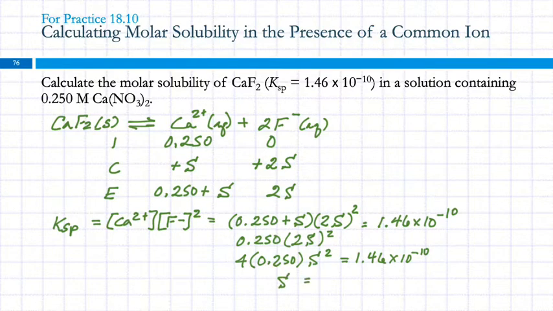So S is going to equal the square root of 1.46 times 10 to the minus 10 over 4 times 0.25, which is 1. Yes, it is. So the square root of 1.46 times 10 to the minus 10 is 1.2 times 10 to the minus 5.